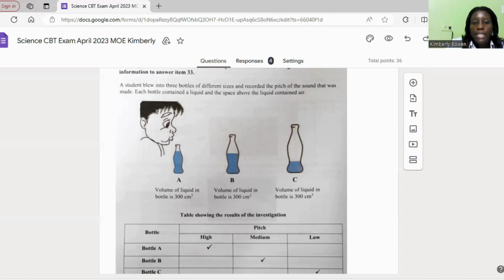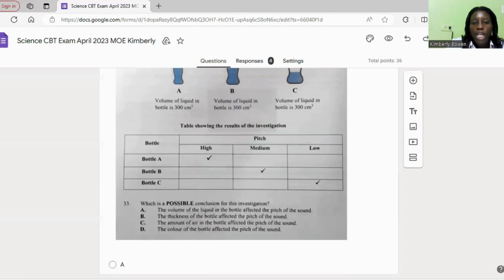All right, let's look at the table showing the results of the investigation. Bottle A had a high pitch, bottle B medium pitch, and bottle C had a low pitch. Which is a possible conclusion for the investigation? The volume of the liquid in the bottle affected the pitch of the sound. The thickness of the bottle affected the pitch of the sound. The amount of air in the bottle affected the pitch of the sound. The color of the bottle affected the pitch of the sound.